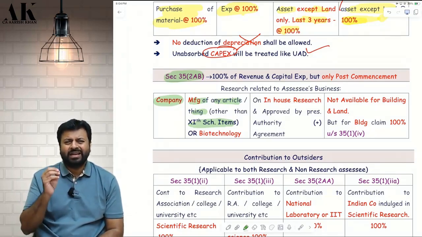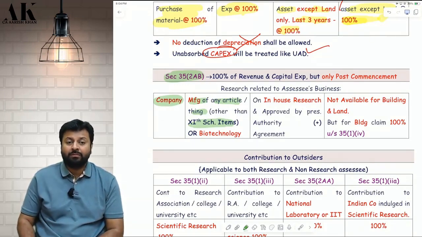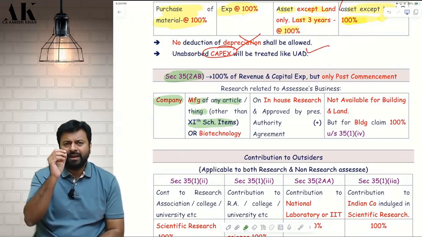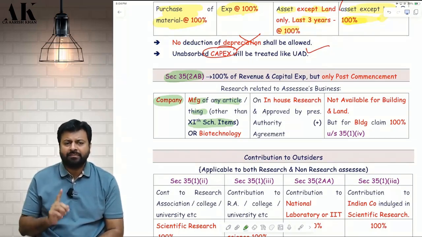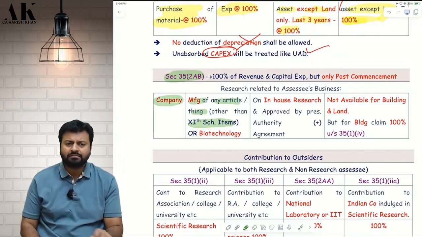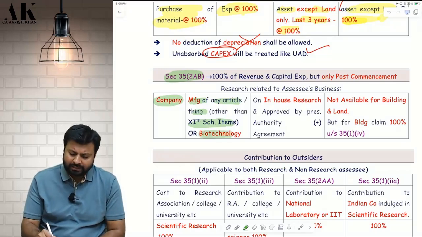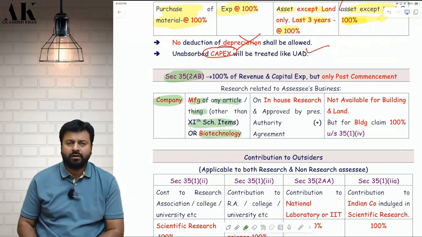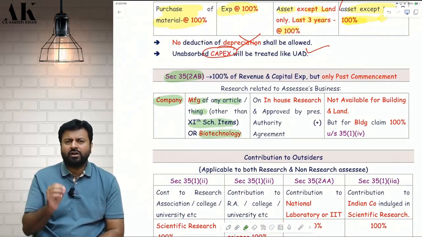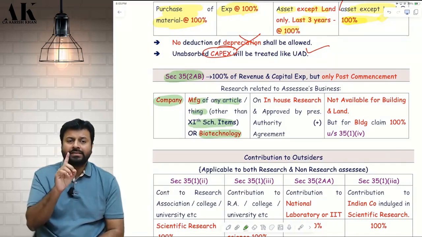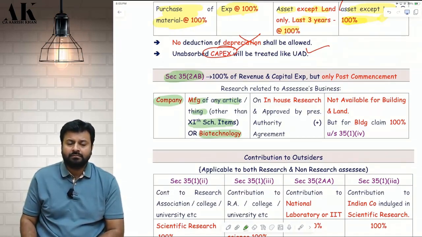So there are some negative items which are not very important for day-to-day life. So the government is saying manufacture any article or thing except Eleventh Schedule items. Or you should be engaged in the business of biotechnology.